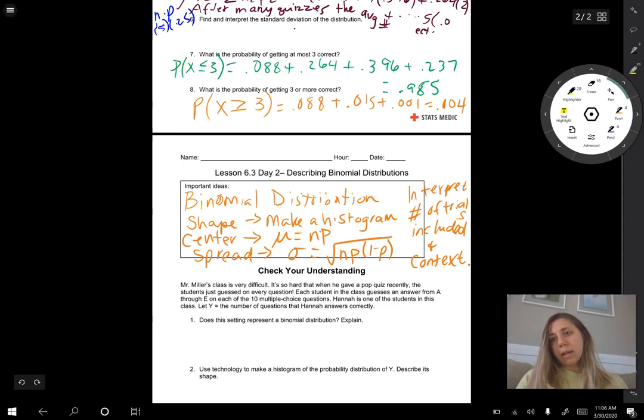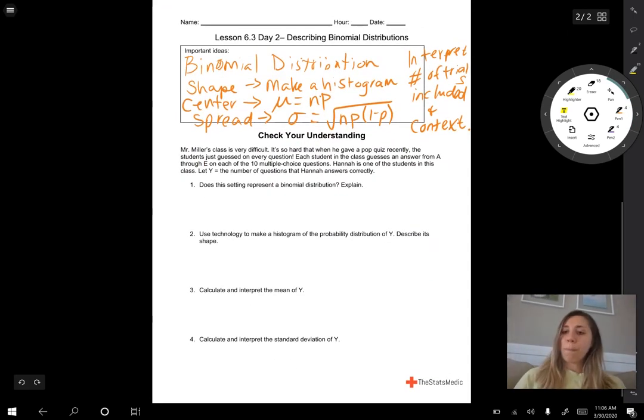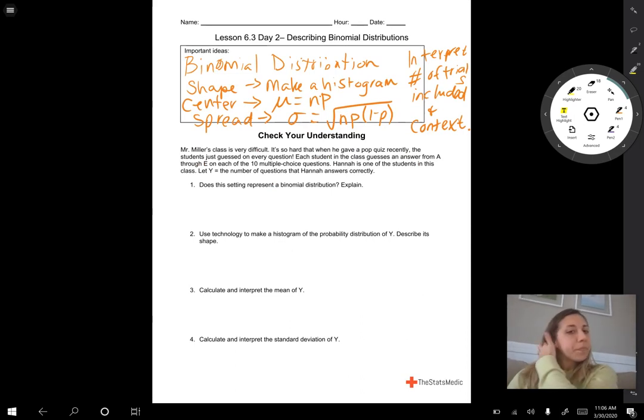So let's take a quick look down at what your check your understandings on today. You basically have to talk about if the distribution's binomial or not, make a histogram of that situation, calculate and interpret the mean and standard deviation.